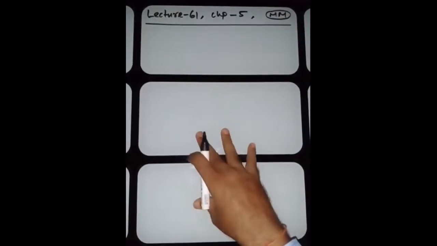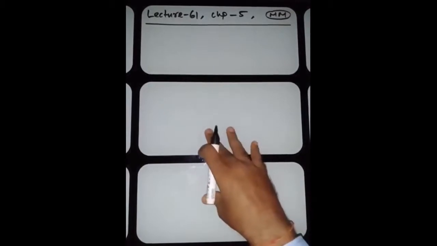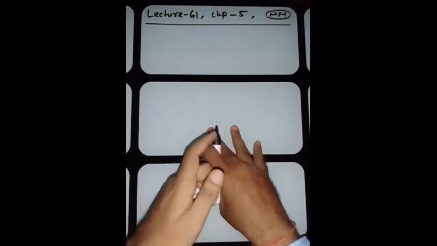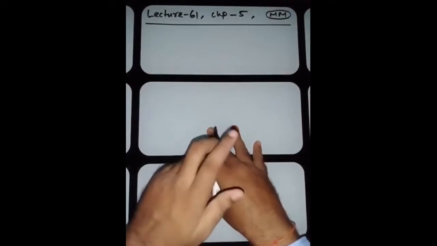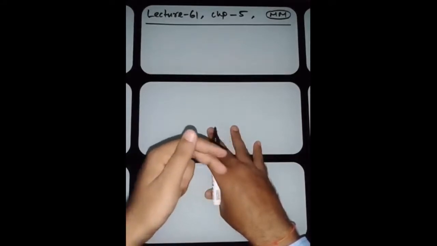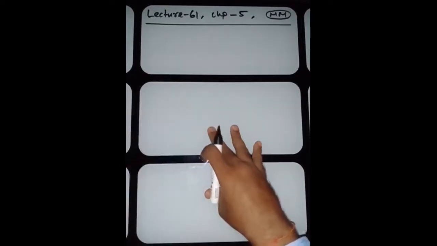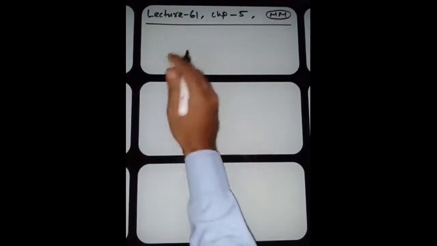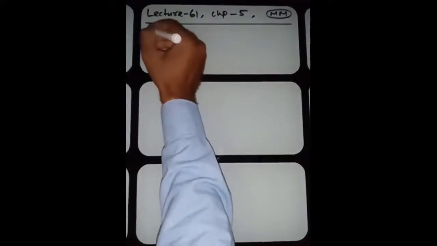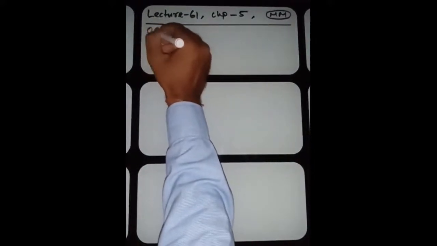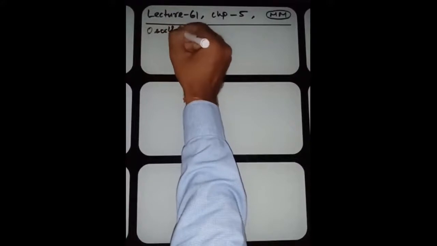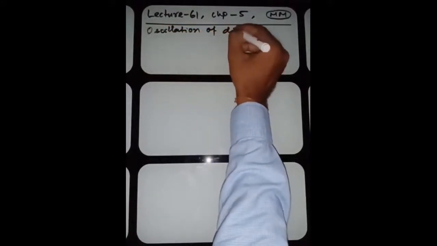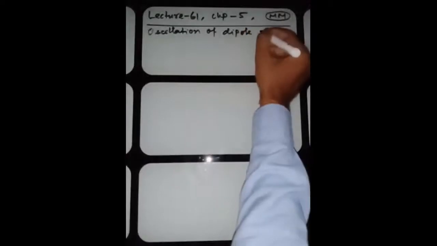Today we are going to start this lecture with the oscillation of a magnet, that is the magnetic dipole, when it is placed in a uniform external field. So it is the oscillation of a dipole.